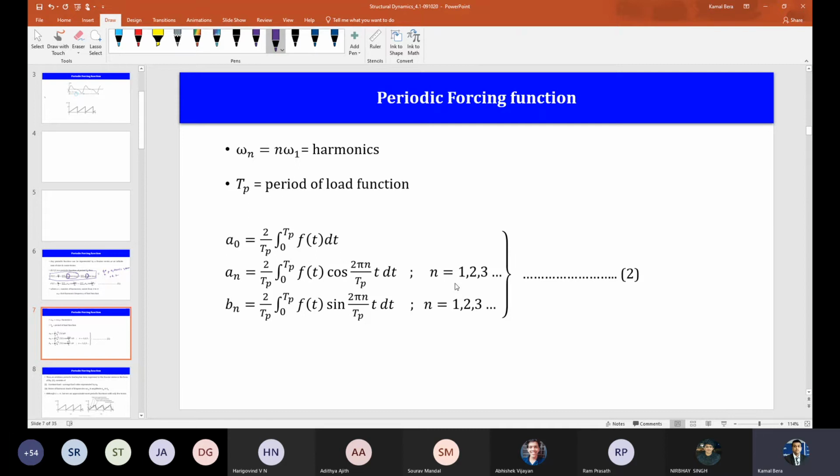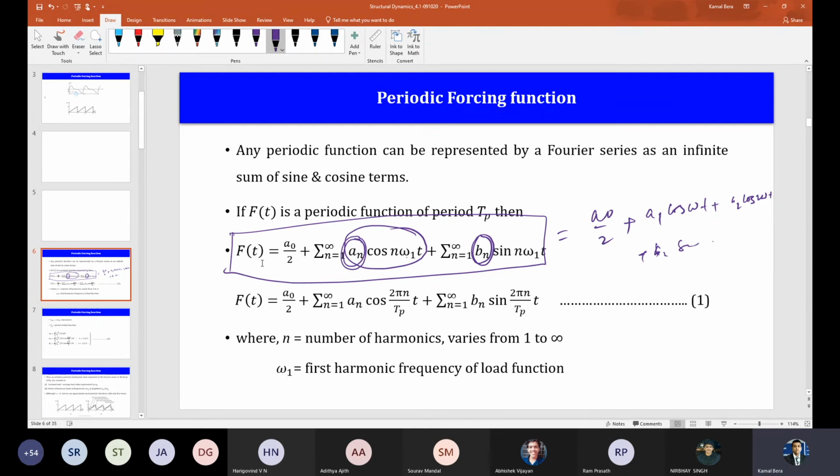Anybody has any problem? This is just a mathematical thing, right? Fourier tells us that we can represent any periodic function as a combination of sine and cosine functions, an infinite number of them.